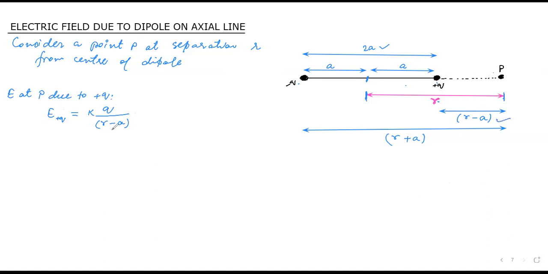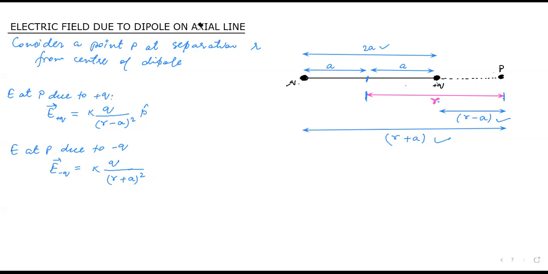This is R minus A. So we take R minus A square, into unit vector of P. Similarly, electric field at P due to minus Q charge, E of minus Q is equal to KQ over R plus A square, into unit vector of P.